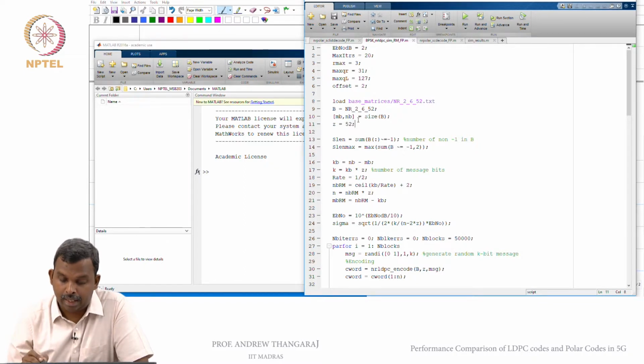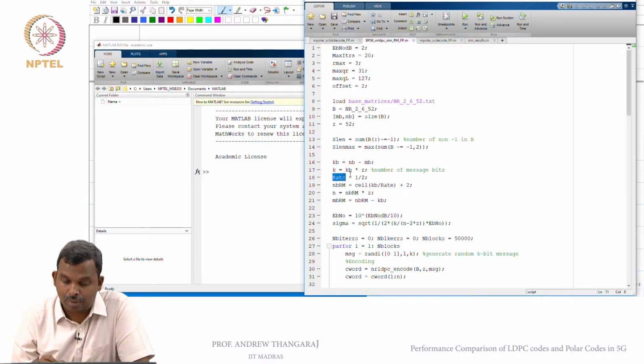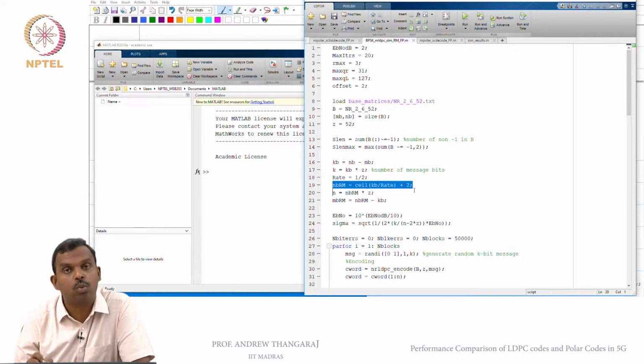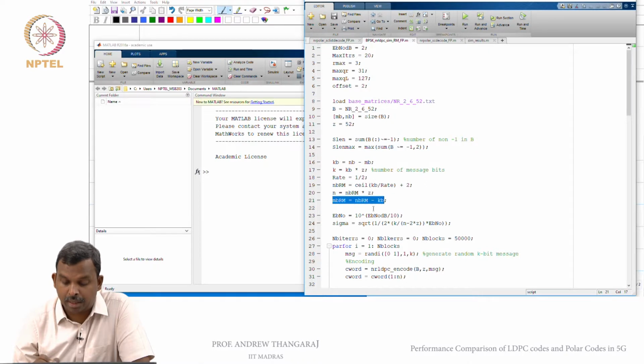Okay, and then you can see I'm setting rate as half. Okay, and then this gives you just the NBRM, which is the part of the total number of code word bits generated. Okay, so this is divided by rate plus 2, the additional 2 that you do for the puncturing, and then you reduce the parity check matrix to NBRM minus KB, only that much you take.